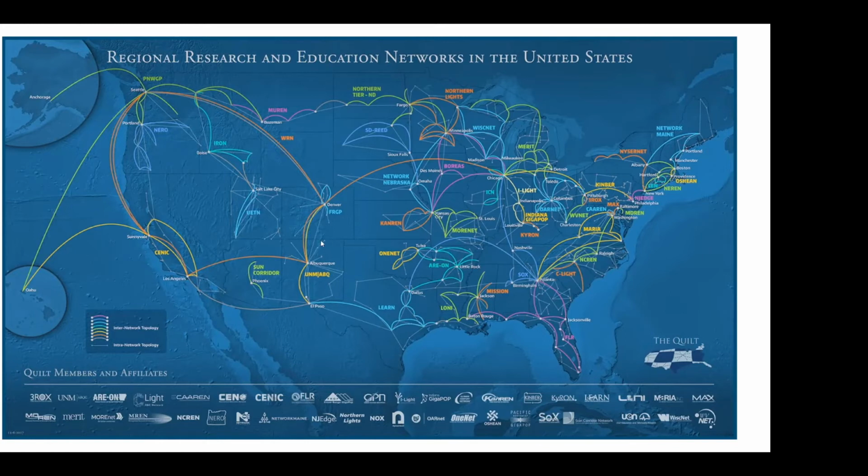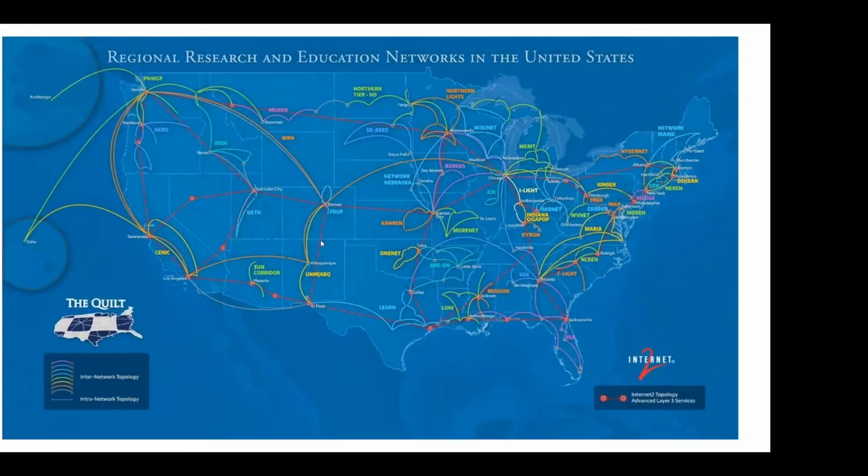The next picture is this same picture with the Internet2 network underlaid under the REN picture. That shows you how Internet2 interplays with regional networks. You can see that each of the regionals has a pairing with Internet2, and that Internet2 has fixed points that an organization or a network needs to reach in order to peer with them.